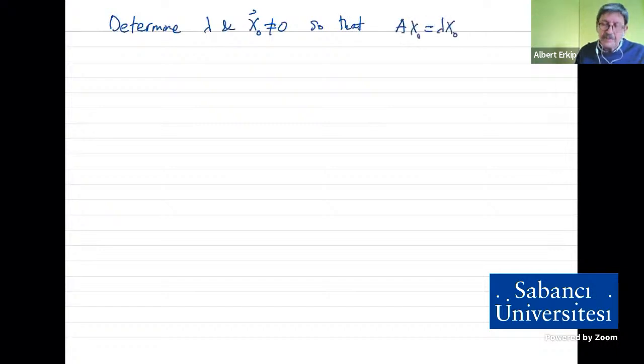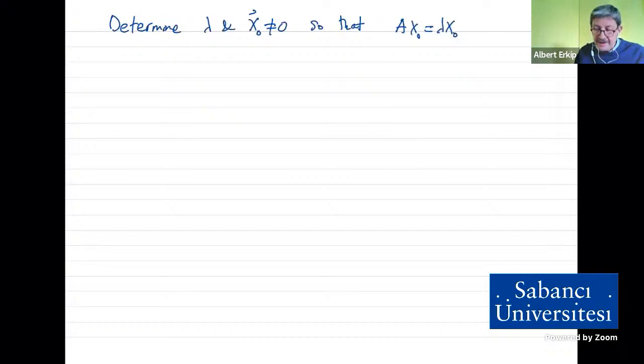So my question is: determine lambda and x0 different from 0 so that A x0 equals lambda x0.